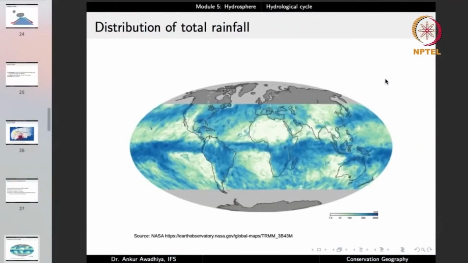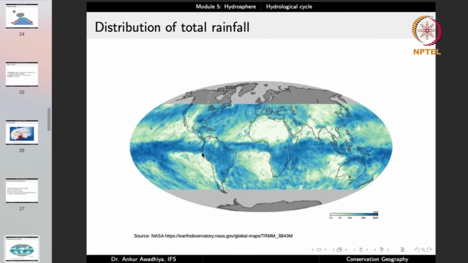If you look at the distribution of total rainfall, we'll find that areas near the equator get a very heavy amount of rainfall, mostly convectional rainfall. And otherwise, certain areas get more rainfall and certain areas get less. So this is the distribution of total rainfall on this planet. In the areas that get a heavy amount of rainfall, we have the equatorial rainforests.